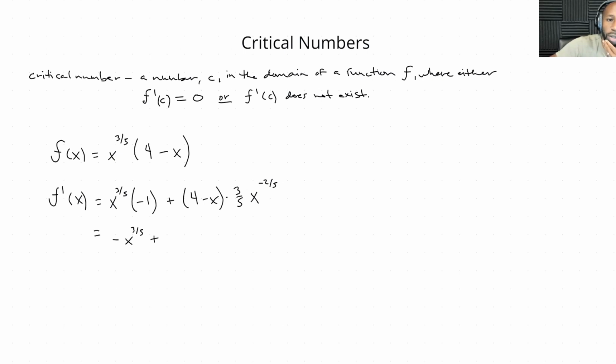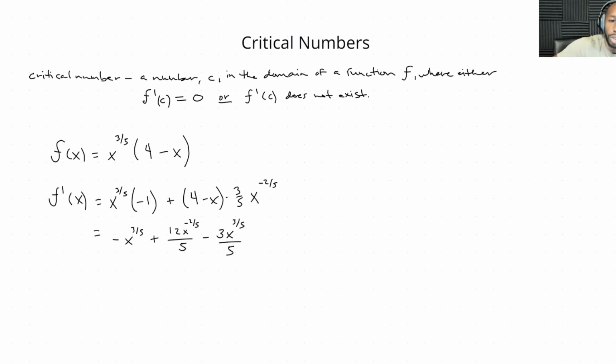So that's going to be 12x to the minus 2 fifths power over 5 minus 3. Now, you have an x and then an x to the 2 fifths, so that's going to be 3x to the 3 fifths power over 5. Okay.